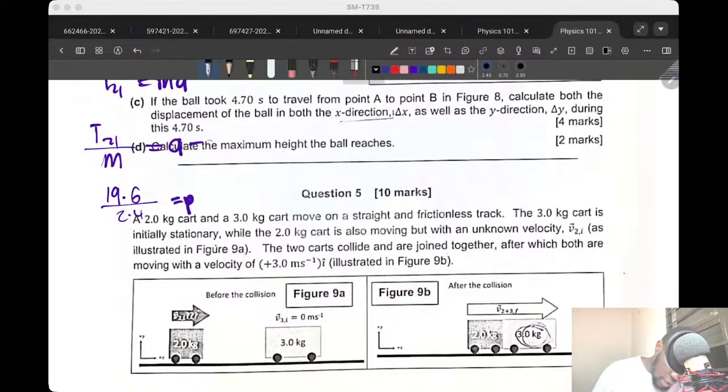If we say here 19.6 minus this 2.00 kgs, what do you get? Here we got it, and 9.8. Okay?